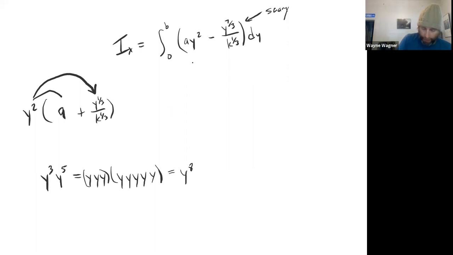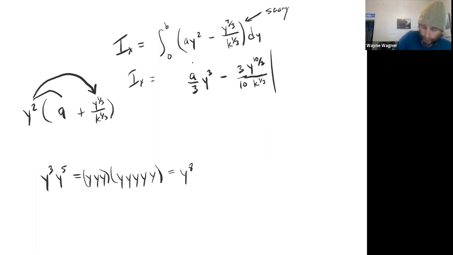Okay, so then Ix equals, now again, just remember, these are just exponent rules from algebra. So this becomes a over 3 times y to the 3rd minus, and this becomes, we're just going to add 1 to 7/3, so there'll be y to the 10/3. I'm going to put 3/10 out front. And then we got this annoying k to the 1/3, which is just going to hang around with us.